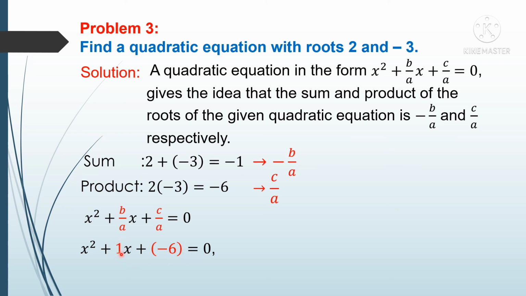So if the coefficient is 1, we have to remove that and write this one as x squared plus x minus 6 equals 0. If there is no number beside it, it is understood that the coefficient is 1. So we have there now negative 6 because we have here positive times negative 6, you have negative 6. So the equation that we are looking for is x squared plus x minus 6 equals 0. So this is our answer for problem number 3.